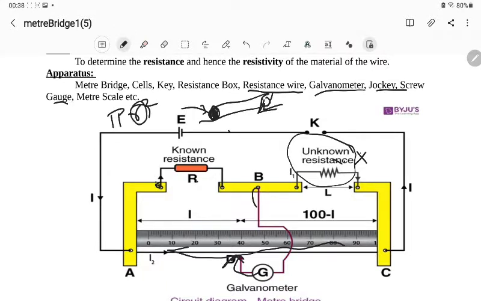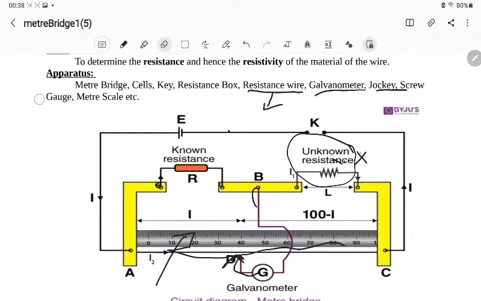So we need this radius. So we will use screw gauge first to find the diameter, and then we will divide by 2, so you will get radius. And then meter scale. So this meter scale, we can measure the length where we get the balance point.